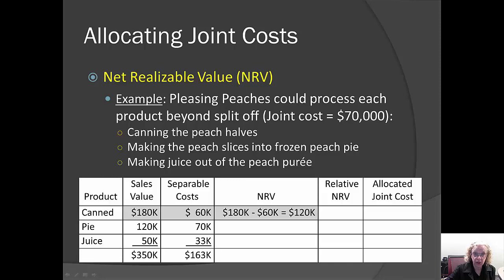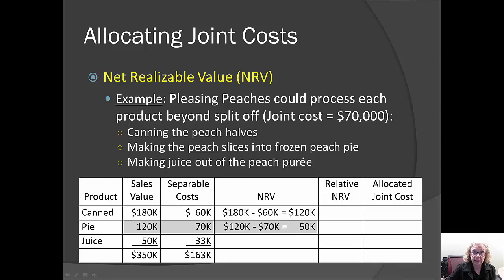Similarly, the firm has a choice with the sliced peaches. They can either sell the peach slices to another firm as they are, or they can make those slices into pie.